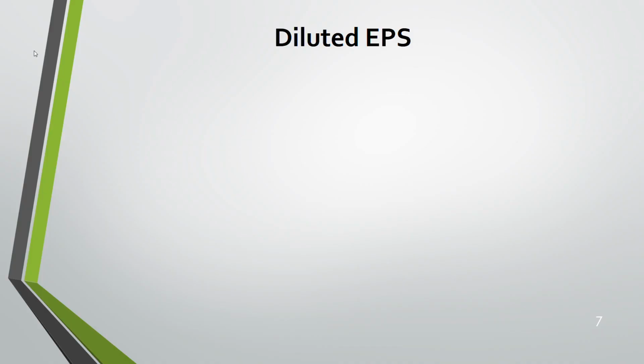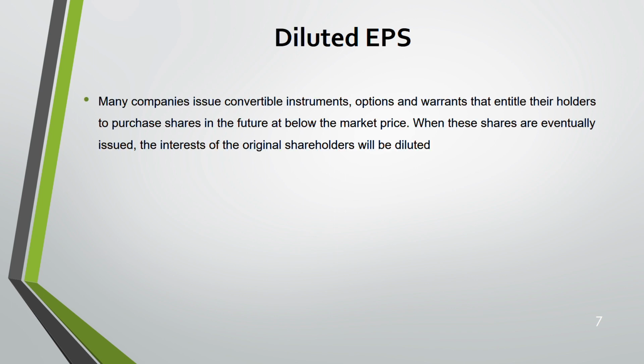Now we'll be moving on to the diluted EPS. Now you need to know what is diluted EPS. All this while we have been doing basic EPS, then rights issue and bonus issue. Diluted EPS, as the word diluted means reduction in something. You will see that many companies issue convertible instruments like options to convert into equity shares, right? Or you are giving some warrants that allow the holders to purchase shares in the future but at a lower market price.